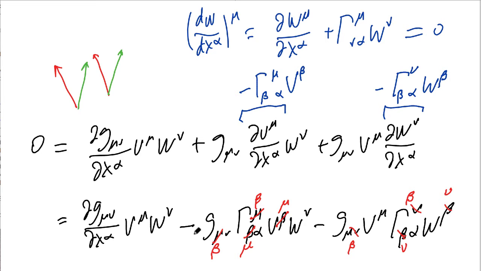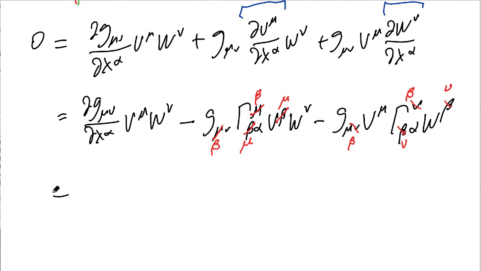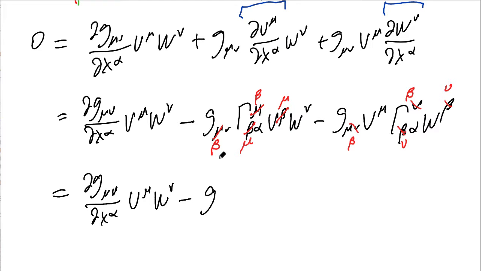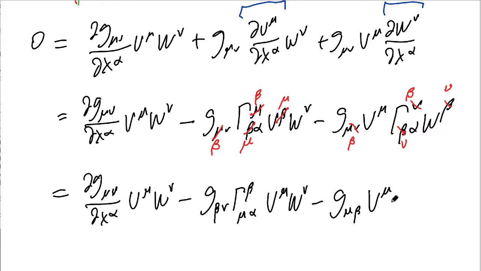All right, so with those changes in the index names, we have partial g mu nu with respect to x alpha times v mu w nu minus g beta nu gamma beta mu alpha times v mu w nu minus g mu beta v mu then times w nu gamma beta nu alpha.